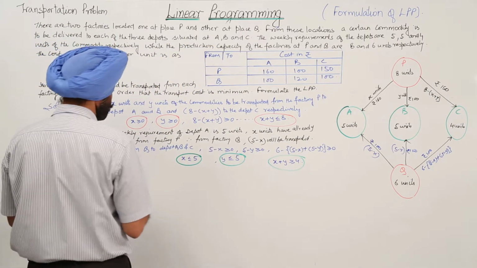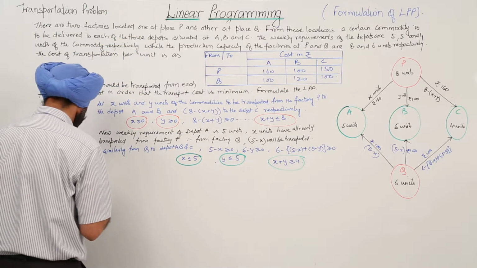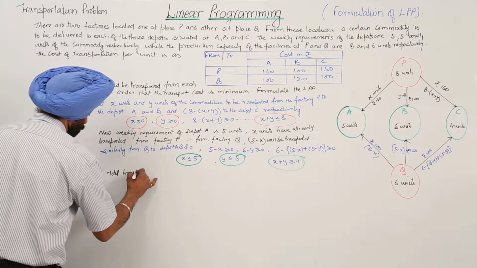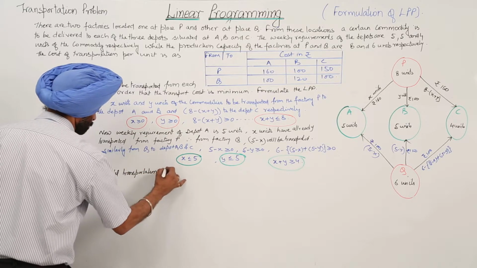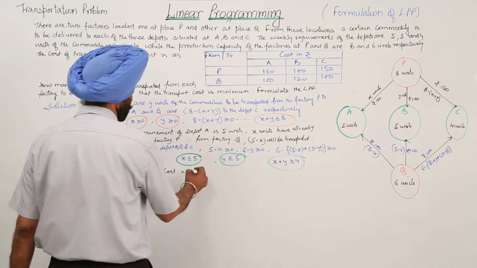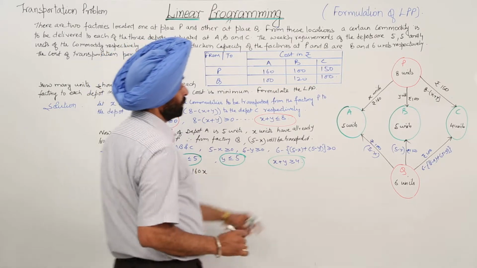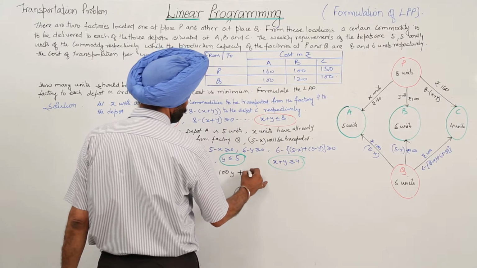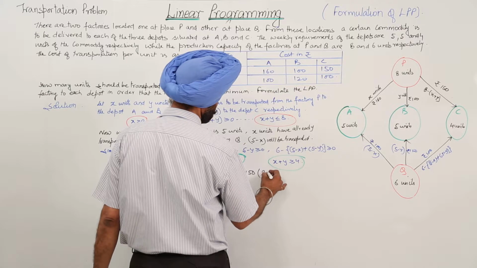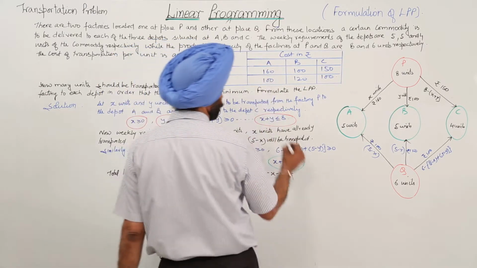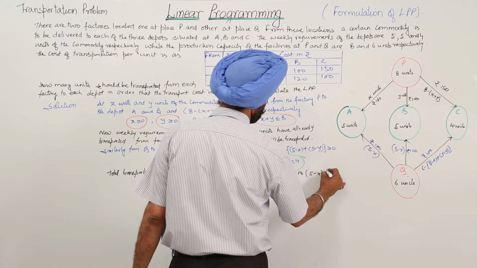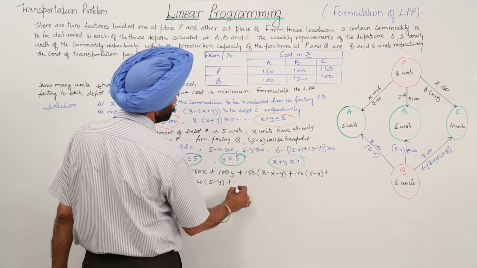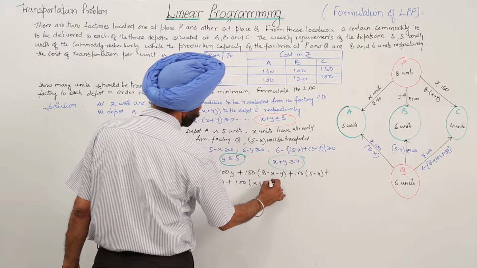Now we have to find the total transportation cost Z, which is equal to 160 times X plus 100 times Y plus 150 times (8 minus X minus Y) plus 100 times (5 minus X) plus 120 times (5 minus Y) plus 100 times (X plus Y minus 4).